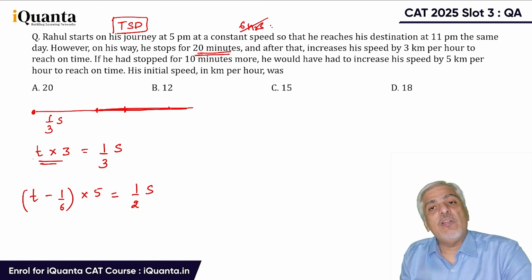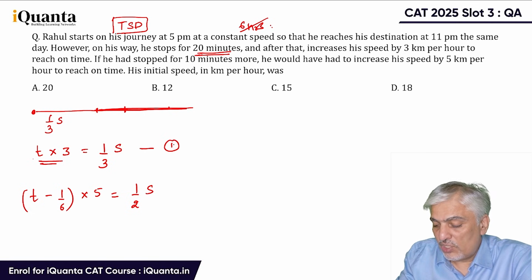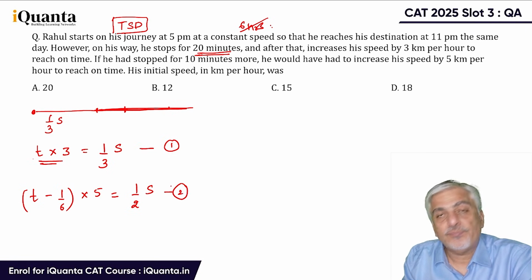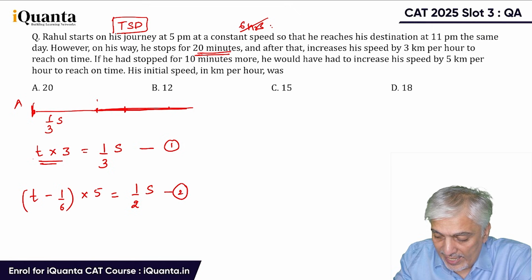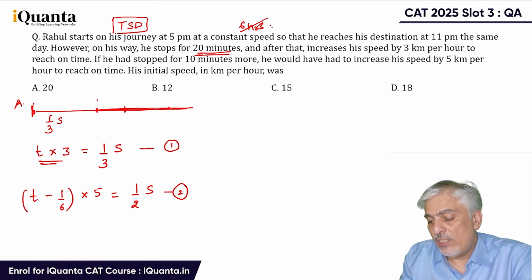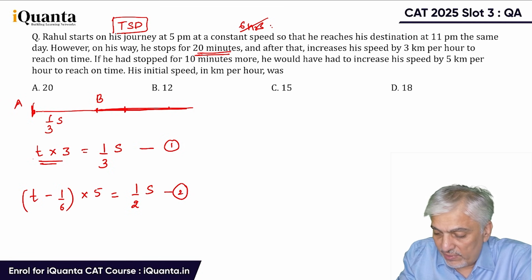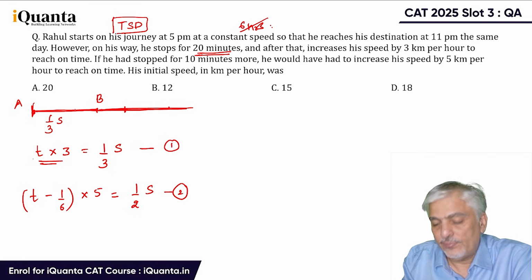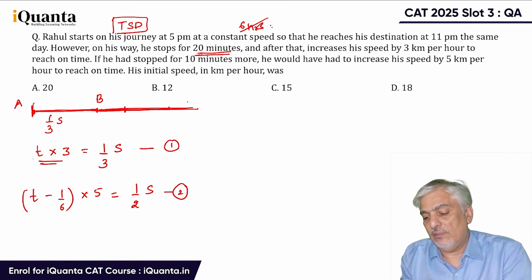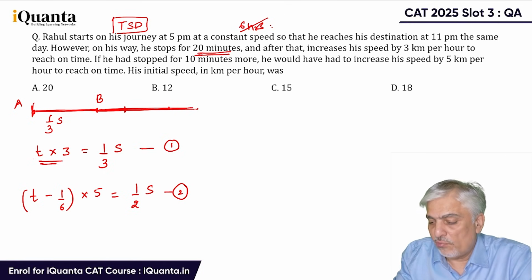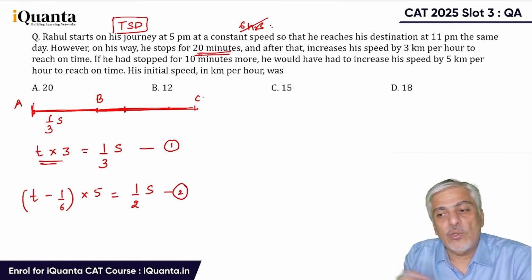Now, this we will need to go through carefully. These are both your equations. Pay attention very carefully. Let's assume he stopped over here, point A. If he had not stopped, in 20 minutes, he would have covered this distance 1/3 s. The remaining distance at the regular speed, from B to C or whatever, he was going to cover anyway.